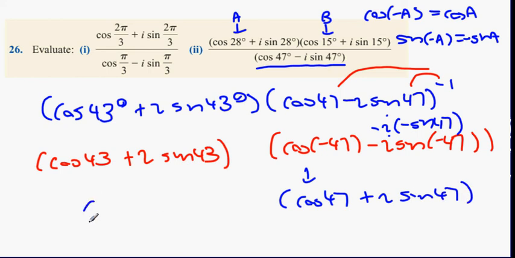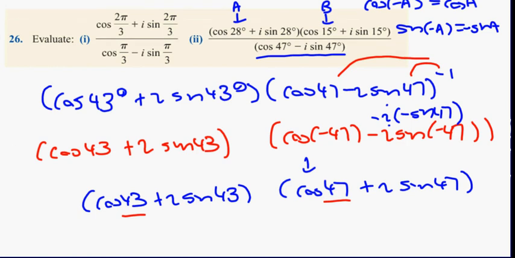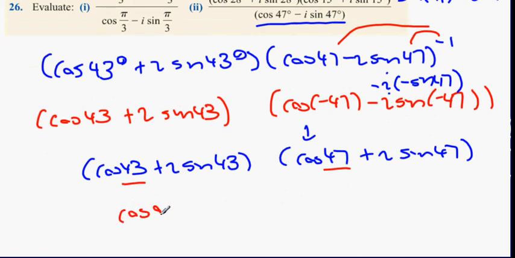Now we can use the rule, cos 43 plus i sin 43, add the two angles together, and we're going to get cos 90, and then 43 plus 47, i sin 90. Now what we're going to get here is 0 plus 1i. Okay, so 26 part 2 is just simply i.